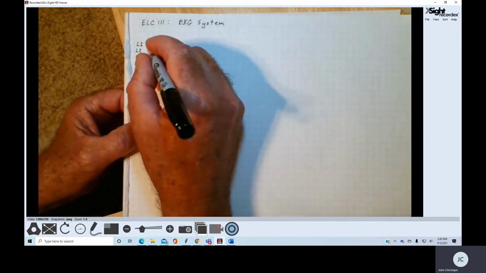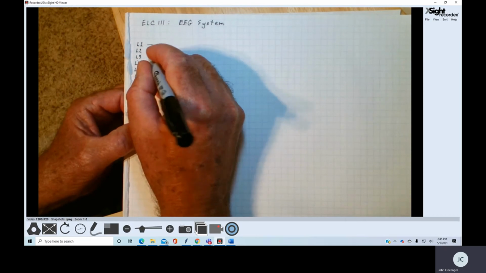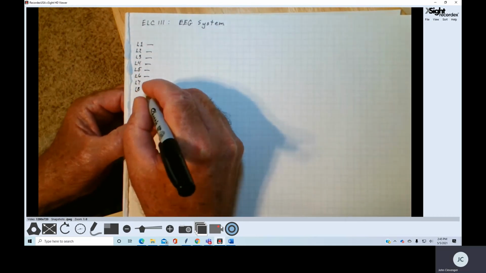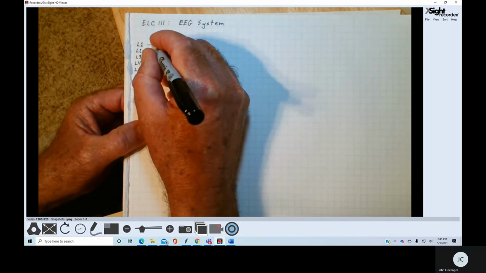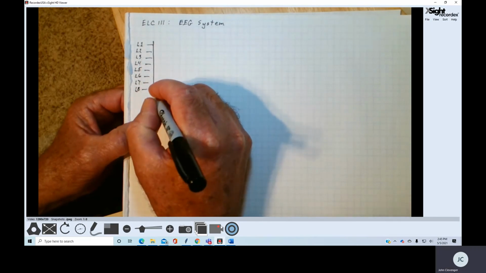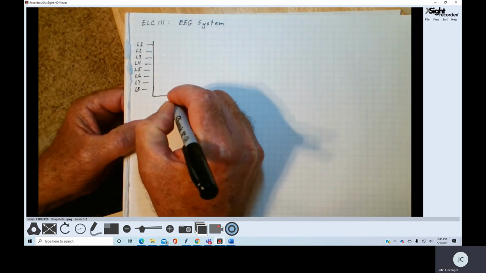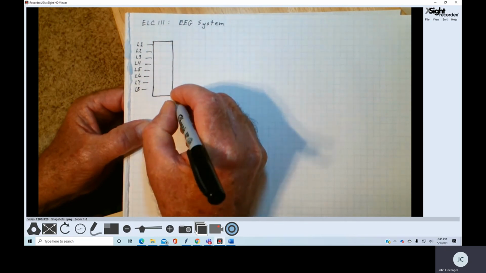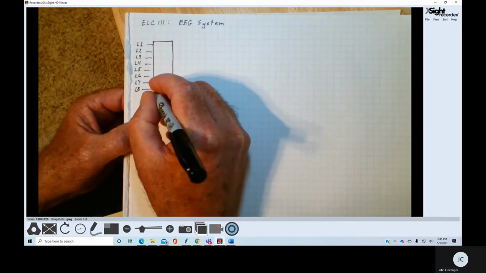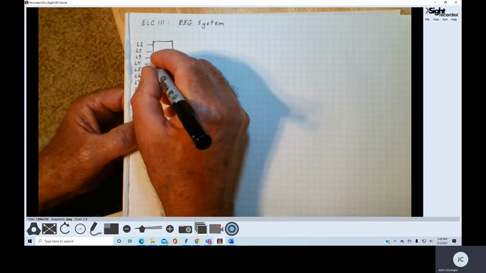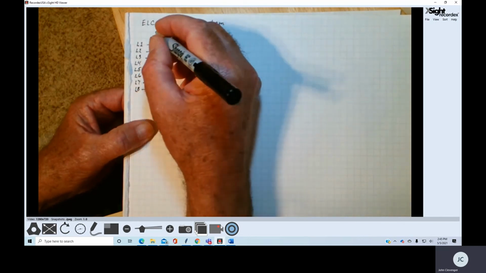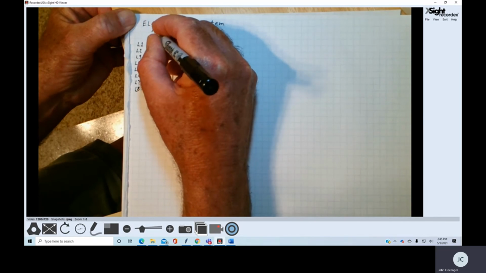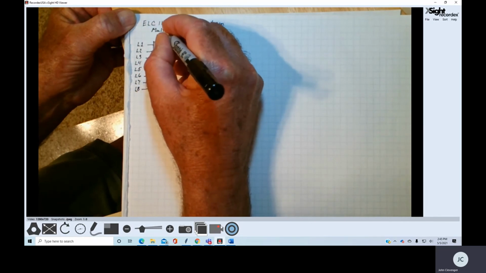And these leads are going to go into a component. Let's make that component about that big. Finish all these up here ever so nicely. And this component is a multiplexer.